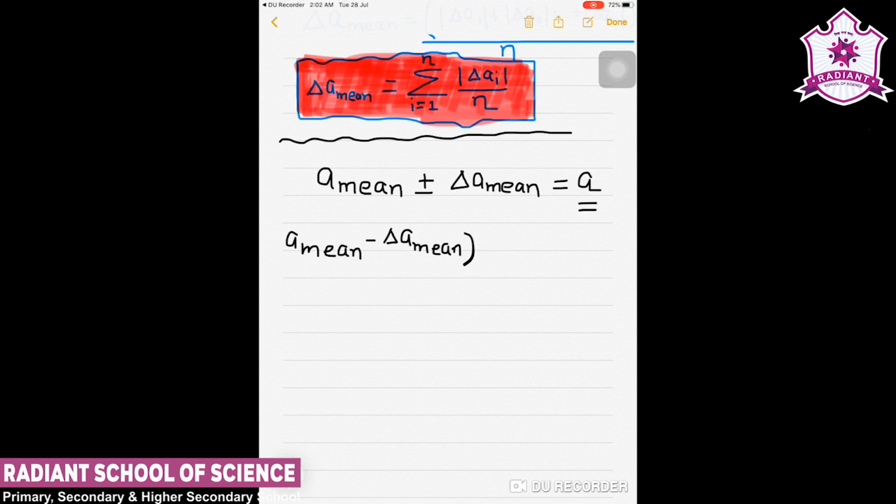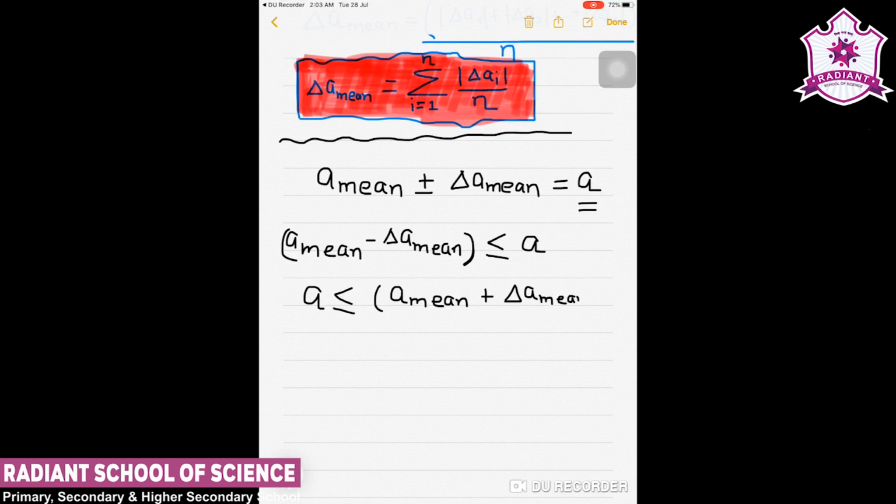Now this value is normally less than or equal to a, but this a is also normally less than or equal to a mean plus delta a mean.